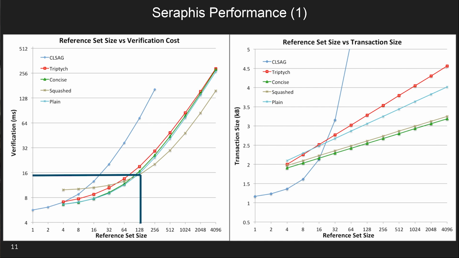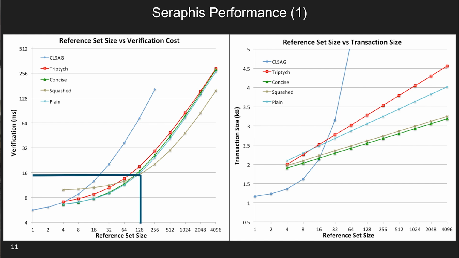They're kind of hard to see. I did a bunch of comparative performance between different protocols. So we have CLSAG, which is this line here. This is verification time versus how many members are in the ring signature.